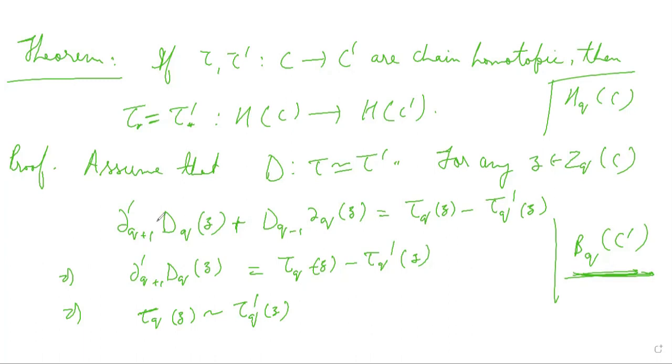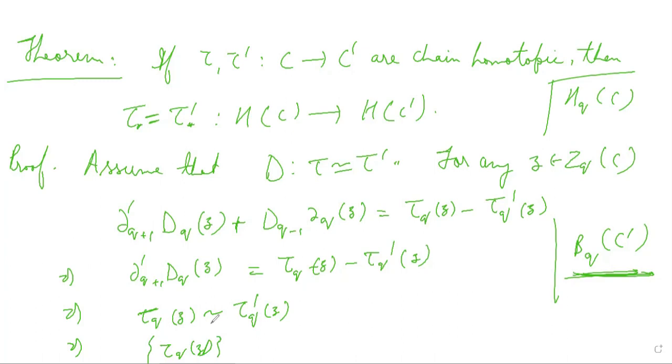So it means we have this. But then what you have, this is nothing but the class of tau_q z.